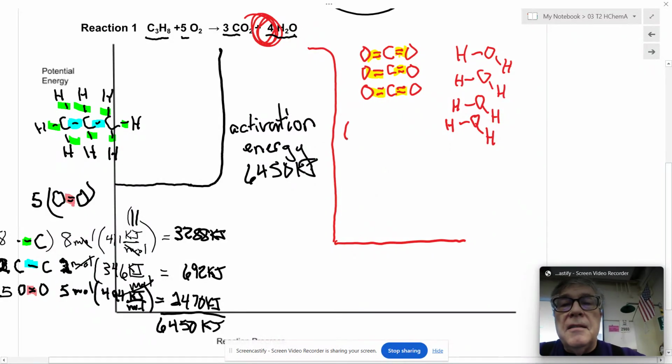So that's going to be 6 times 799. You remember that you use a different number there, and I'm going to use a negative number. I'm going to go back and put in my units: 6 moles, and it's negative 799 kilojoules per mole.